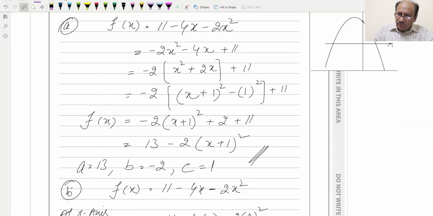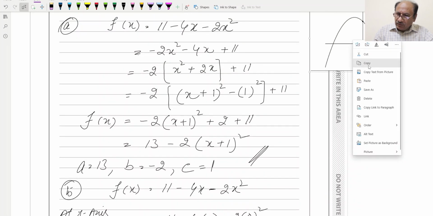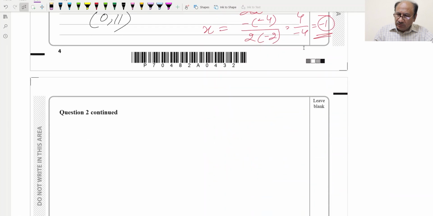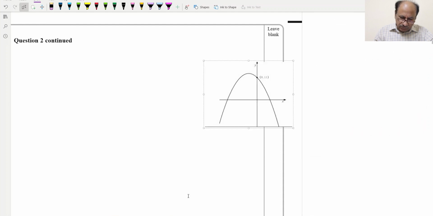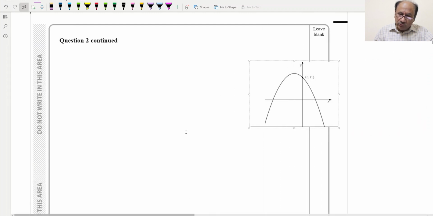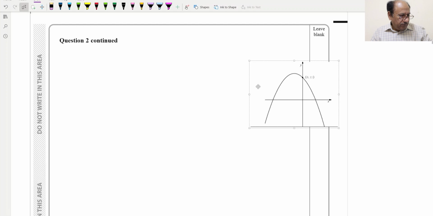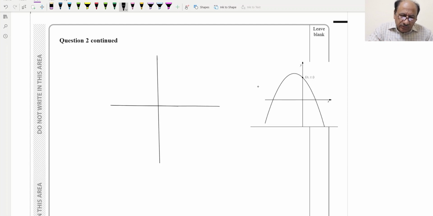Now if we have to draw the curve, we can sketch the curve over here, and this is what I just wanted to show you. If we have to sketch the curve, we can sketch it like this. These are the coordinate axes, and we can show the curve like this one.